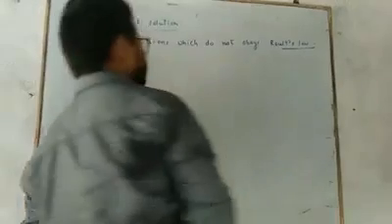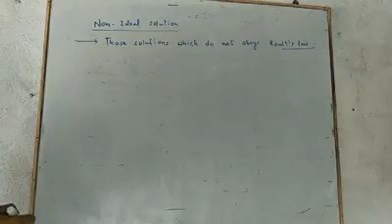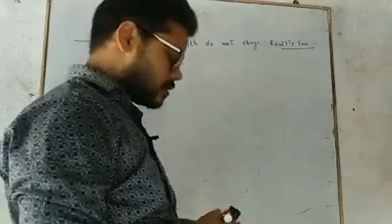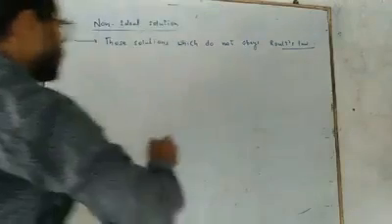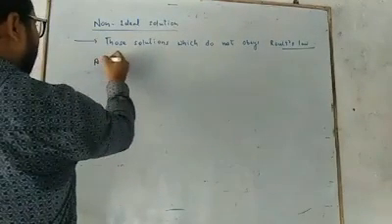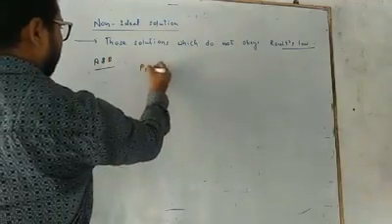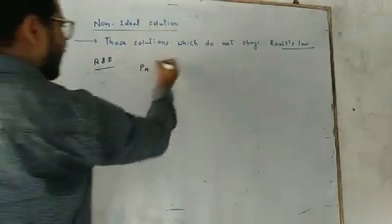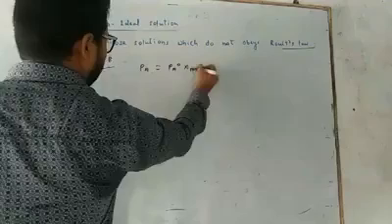Getting this? What are non-ideal solutions? Non-ideal solutions are those solutions which do not obey Raoult's law. What is Raoult's law? If there are two components A and B in a solution, PA will be the partial vapor pressure of component A, given by PA0 XA.